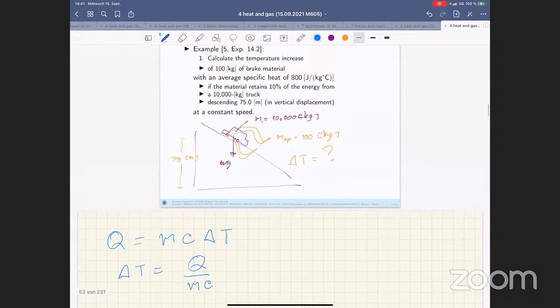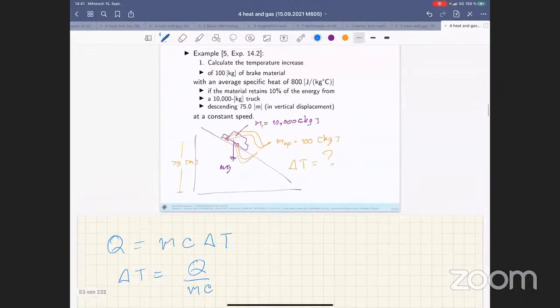What they said in this question is that the heat is 10% of the kinetic energy of this car.